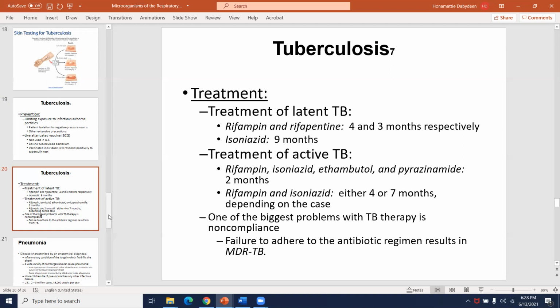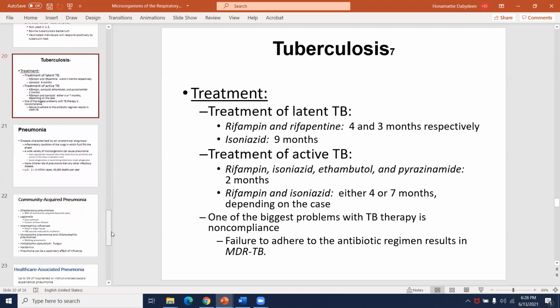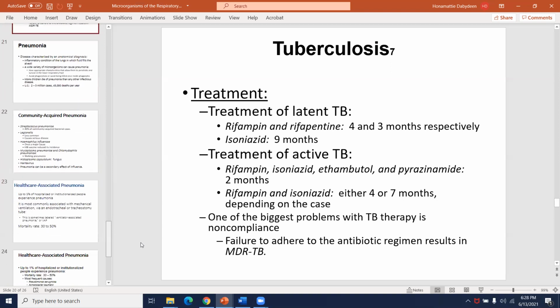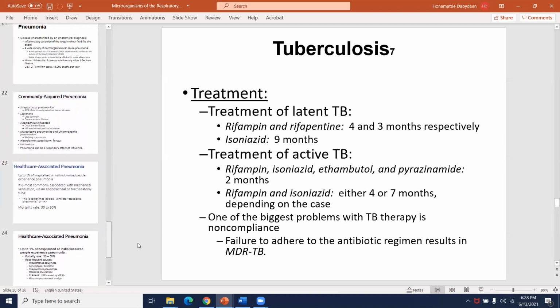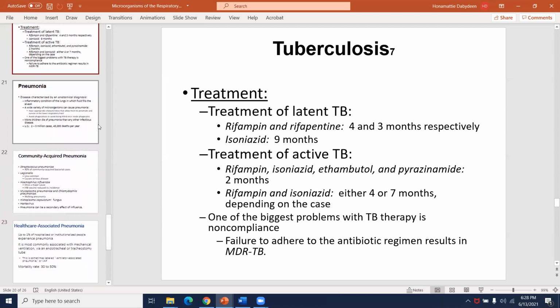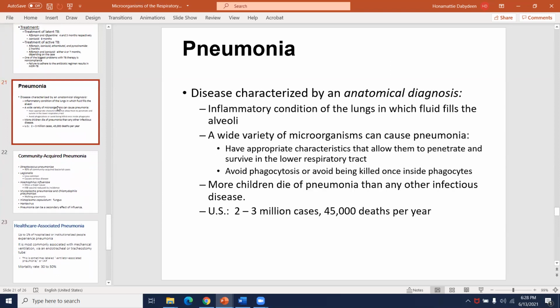But before I do that, since we're doing respiratory tract infections, I want to talk a little bit about pneumonia. Now, pneumonia, I wouldn't say it's a particular disease. It is an anatomical diagnosis. Pneumonitis is just an inflammatory condition of the lung tissue, the alveoli filled with fluids.